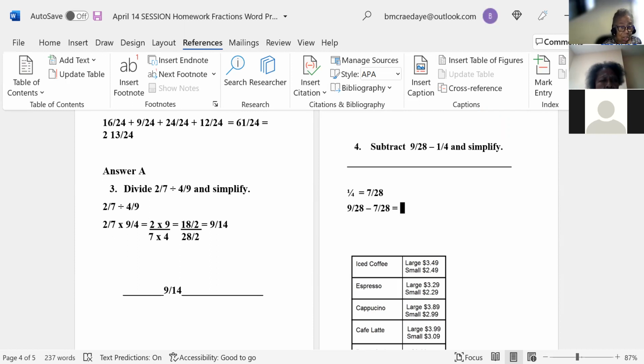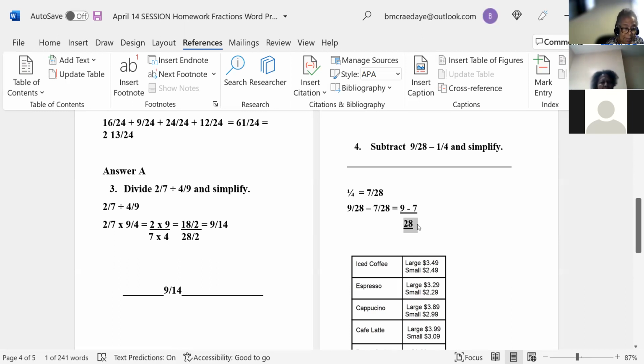Very good. Once you have the fractions over the same denominators, you just subtract the numerators. So that would just be 9 minus 7, over the same denominator, 28. And what is that equal to? 2 over 28, right?